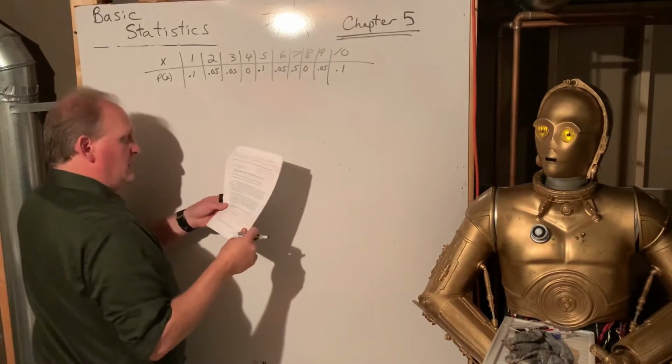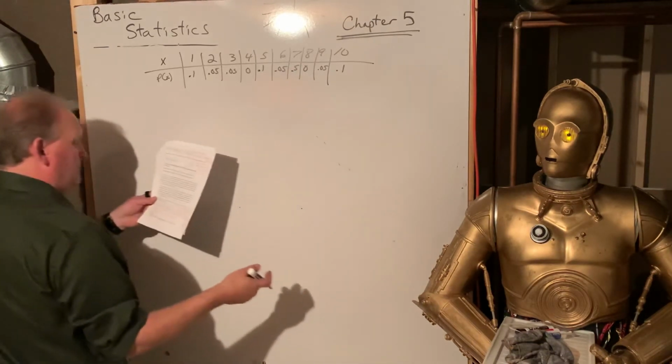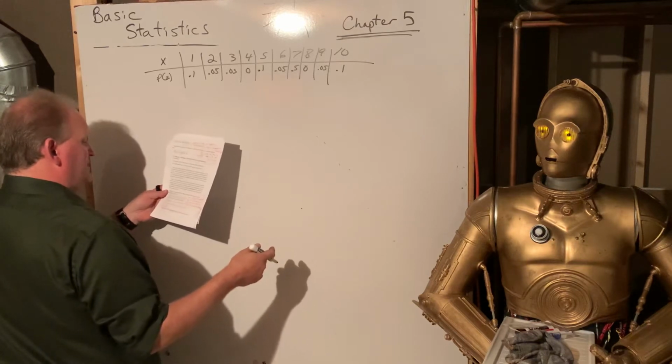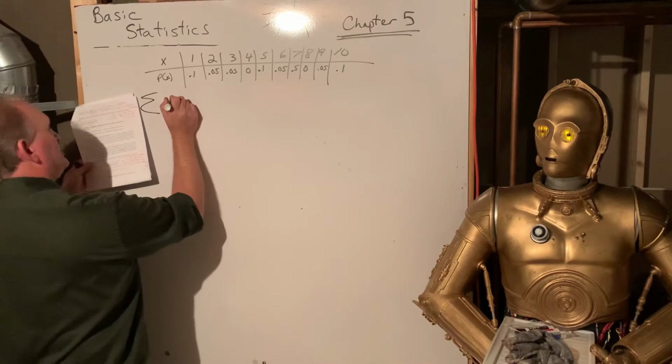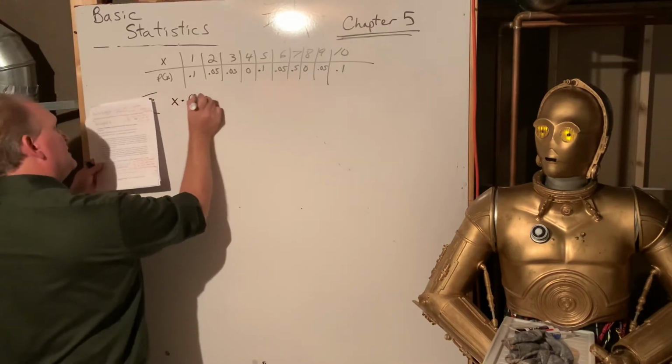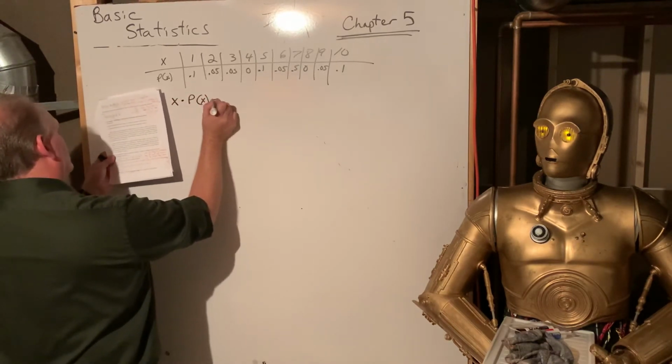All right, so what we do is we still want to find the sum of all of these. But what you do is you find the sum of each value times the probability of that occurring.